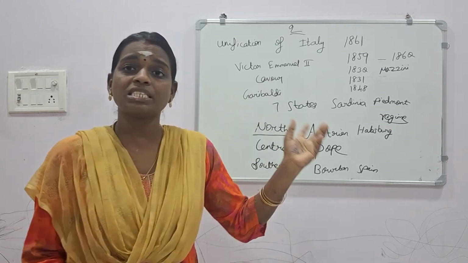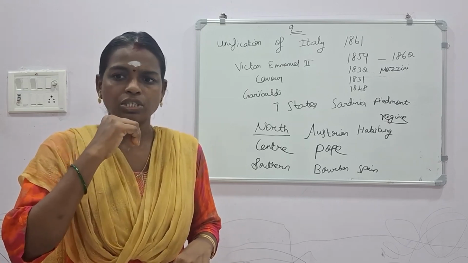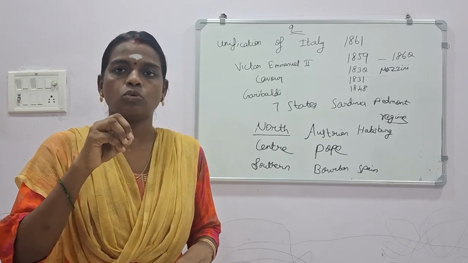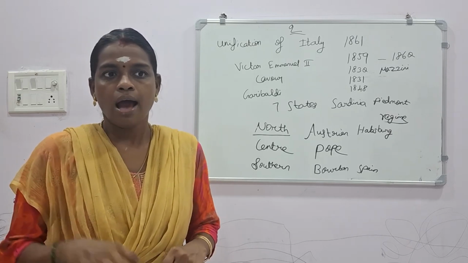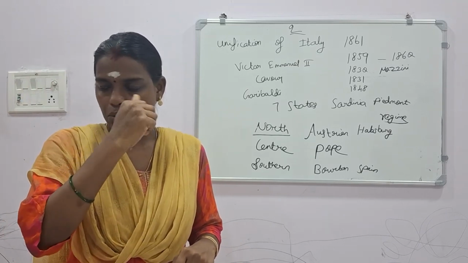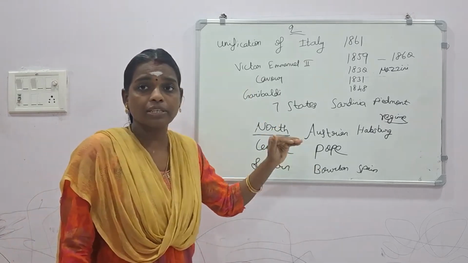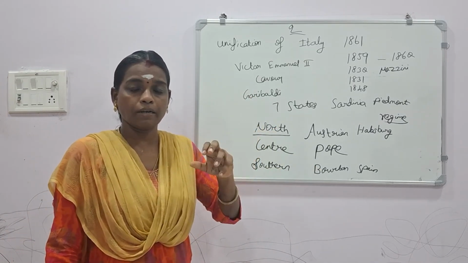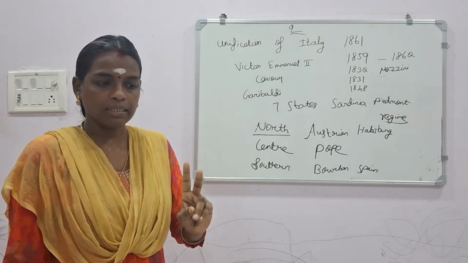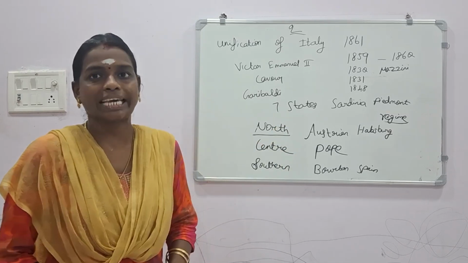And we studied in the previous session, yesterday's session, the unification of Germany. William took a plan for the unification of Germany, and the chief minister was Bismarck. Here the same thing. The leader of the unification of Italy was Victor Emmanuel, but the chief minister, the executor of the plan, was Cavour.